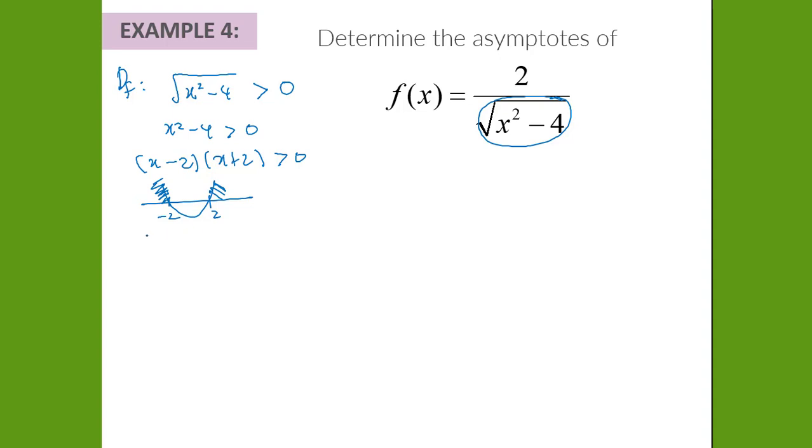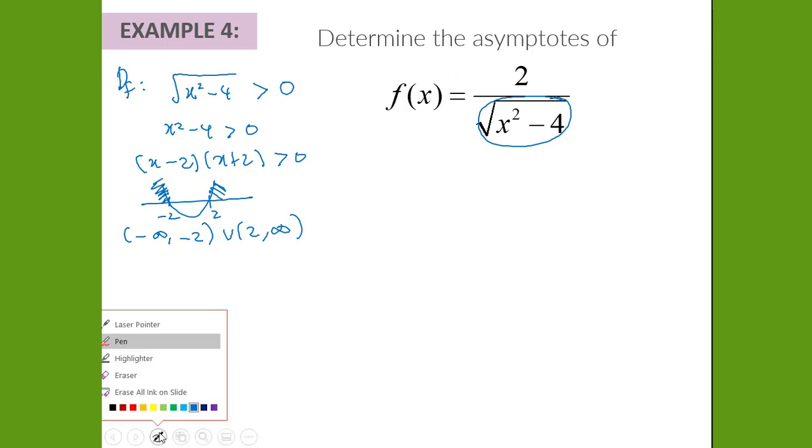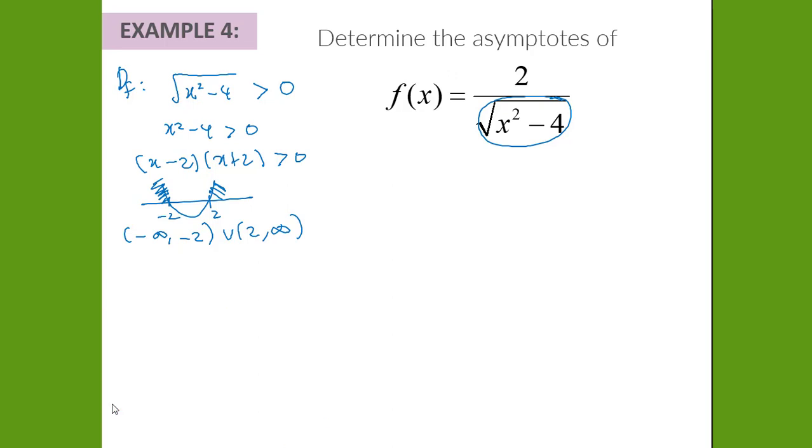So the domain is from negative infinity to negative 2, open bracket, and 2 to infinity. Okay, this is the domain.